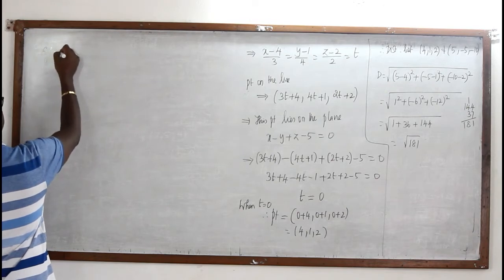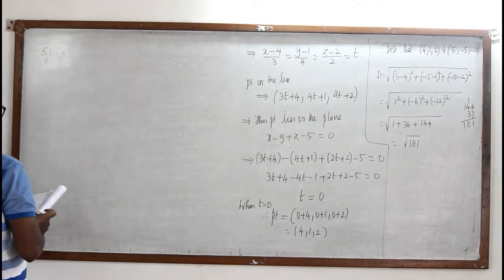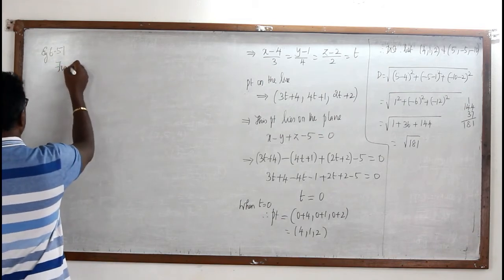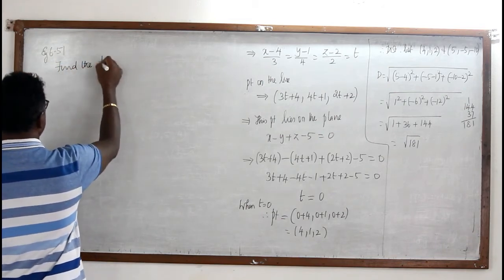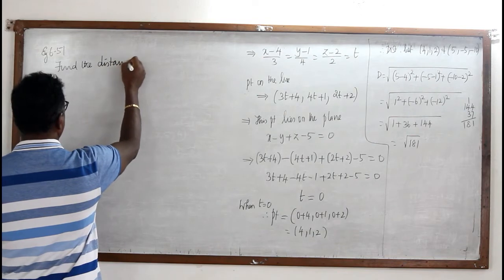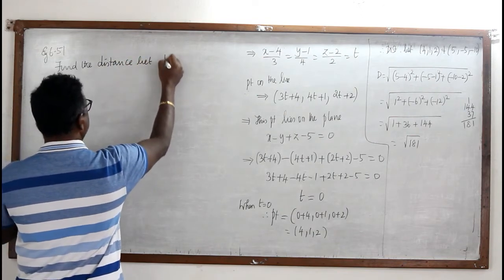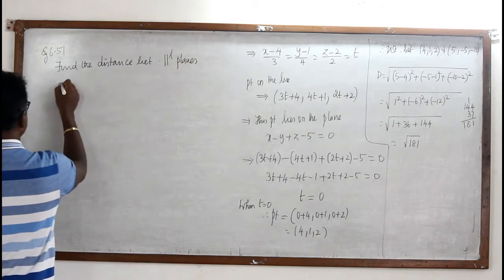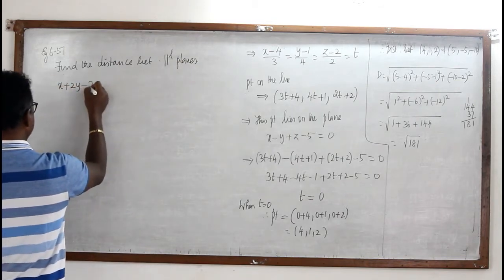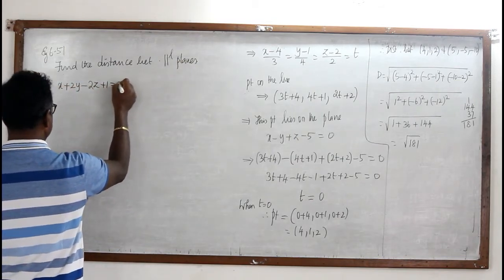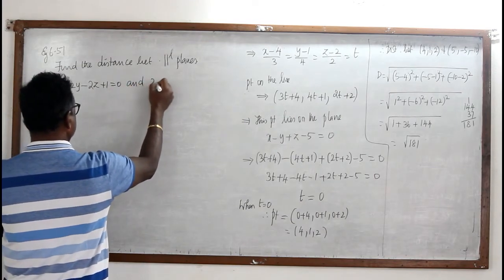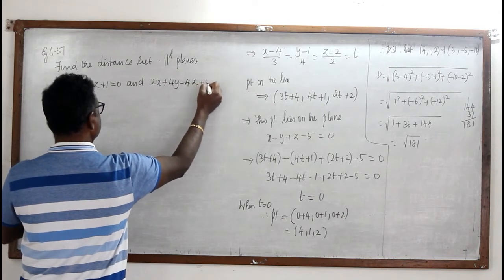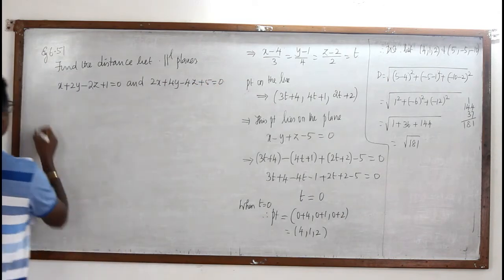Example 6.51. Find the distance between parallel planes x plus 2y minus 2z plus 1 equal to 0 and 2x plus 4y minus 4z plus 5 equal to 0.